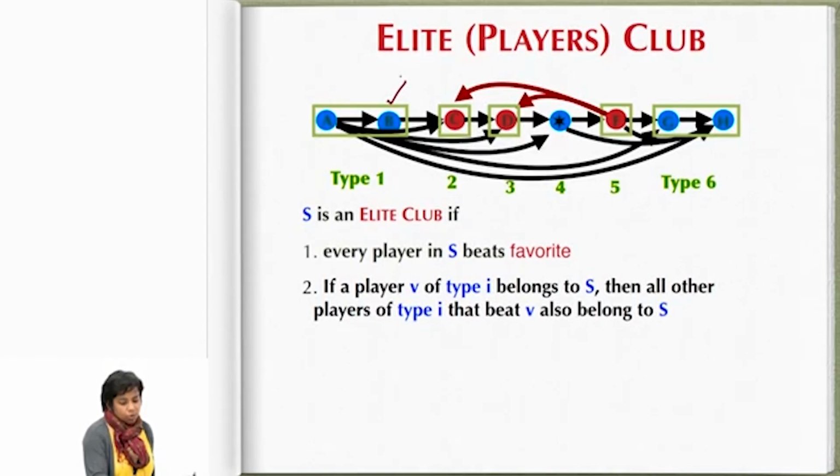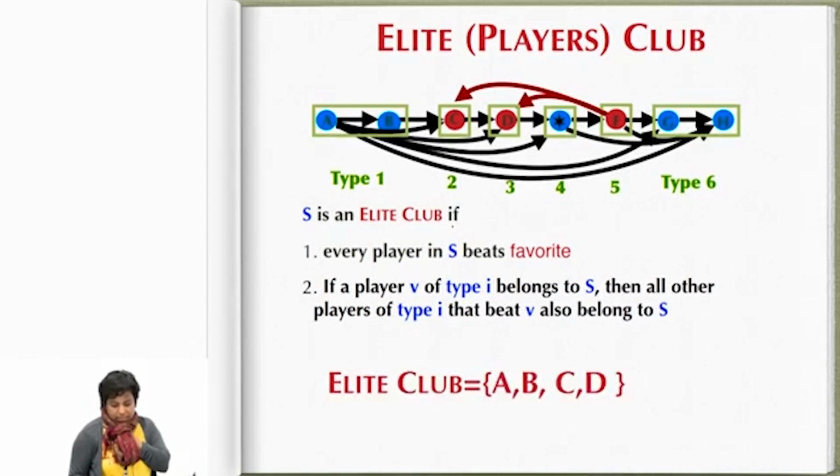Okay. So basically what it means is if you pick a vertex of a certain type, every vertex stronger than that, who is of the same type, must also be in this club. So this is what the second property means. So we will show that in this example, the elite club would be A, B, C, D. Okay, so C and D are affected vertices.